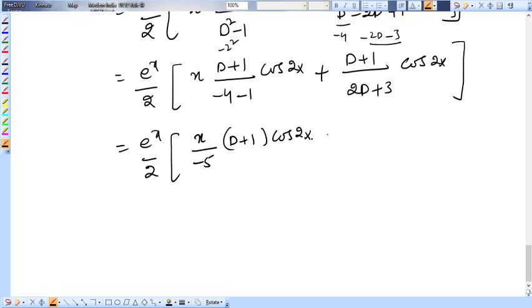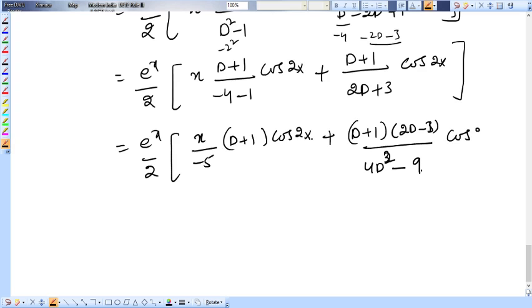Okay, plus, now we are going to multiply and divide 2D minus 3. So here it would be 4D square minus 9.